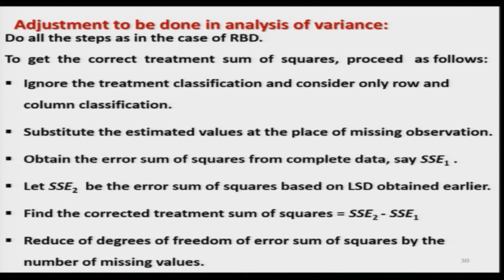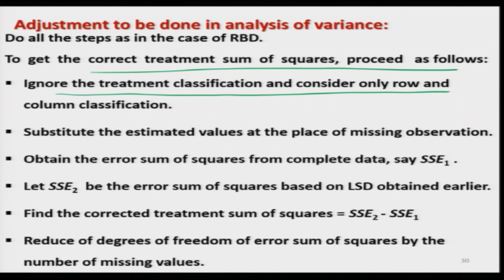So in this case also you have to do all the steps that you did in the case of randomized block design, and to get the correct treatment sum of squares you have to follow these steps. First, ignore the treatment classification and consider only rows and columns classification.